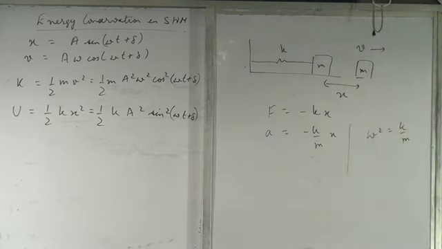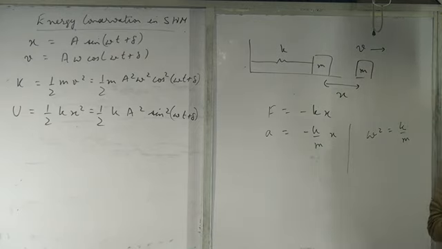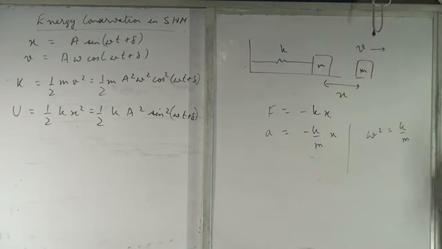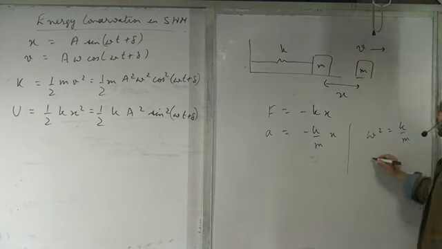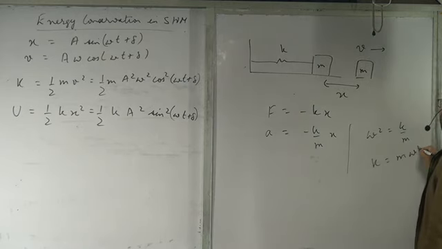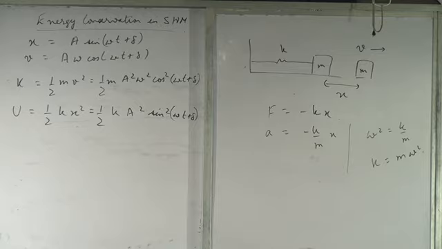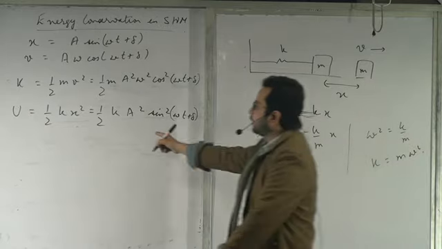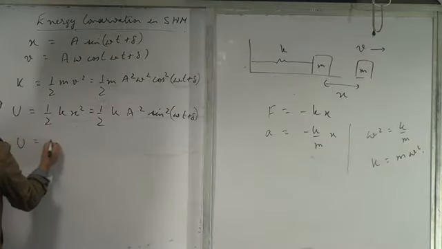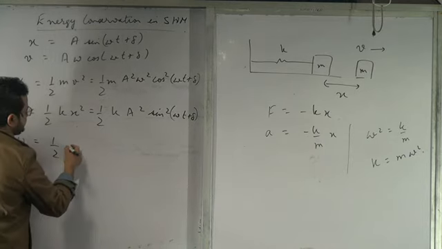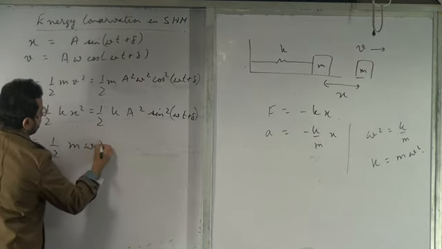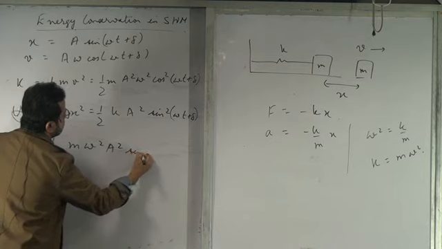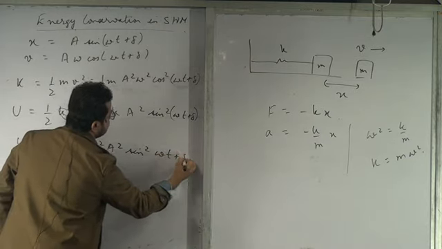That means k should be equal to m into omega square. And I can substitute that value over here. So this will become half m omega square a square sin square of omega t plus delta.